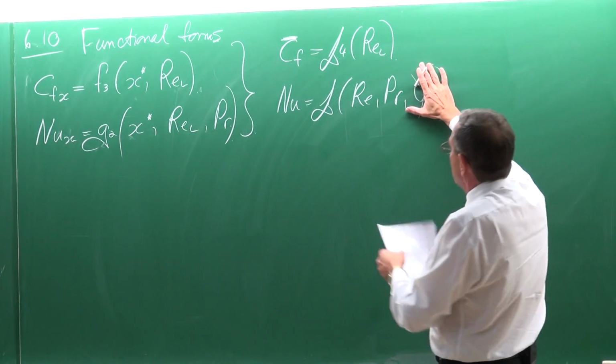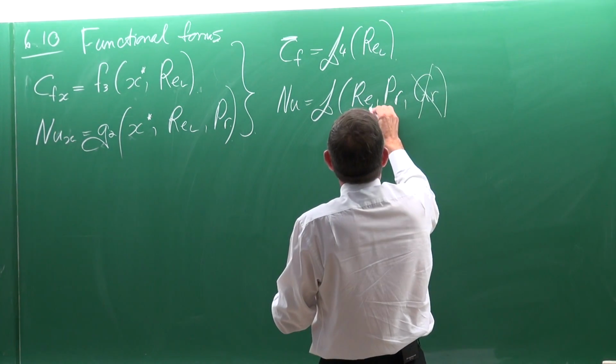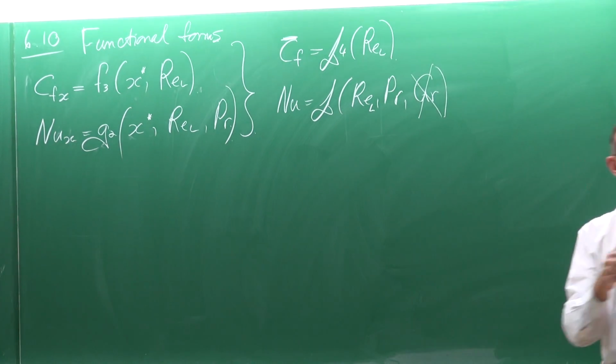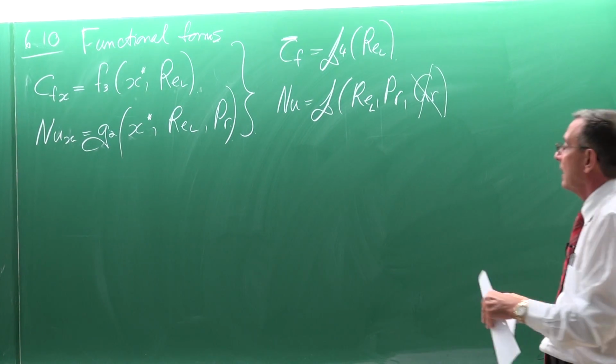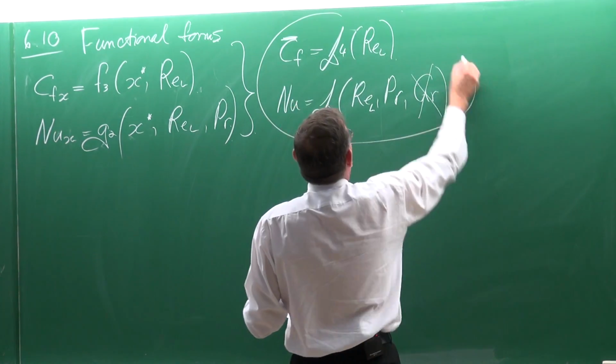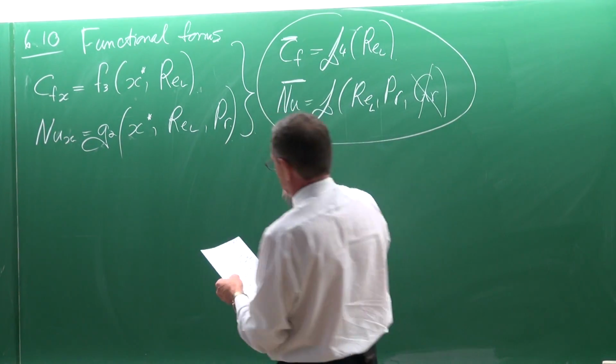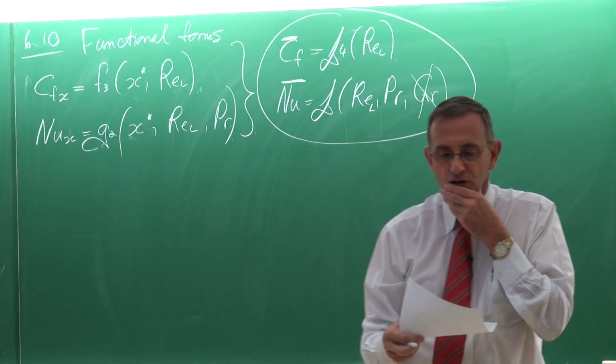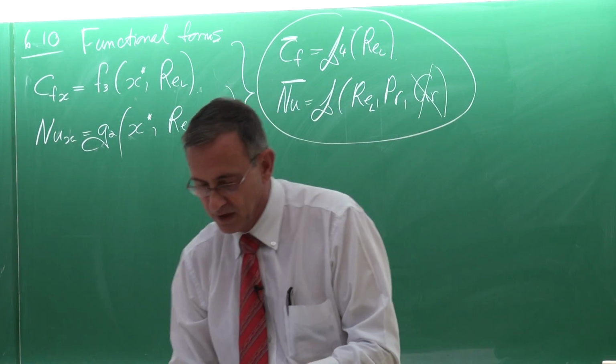Means it's a function of the Reynolds number and the Prandtl number, and again the Reynolds number based on one or other dimension, L. And this is very important to us, that functional form of the equation.